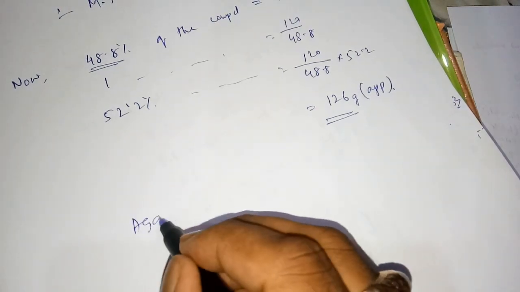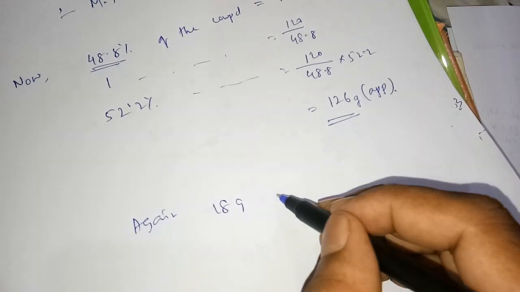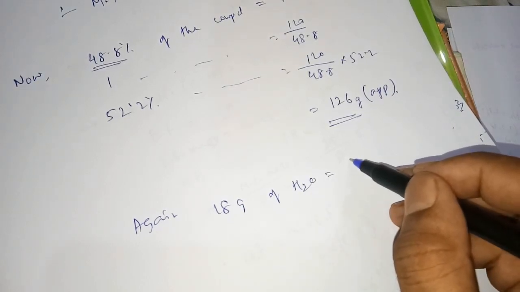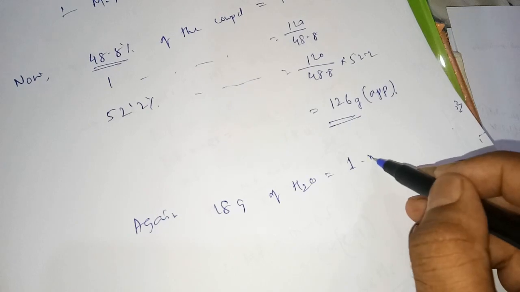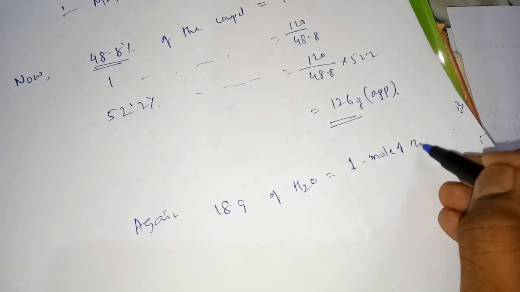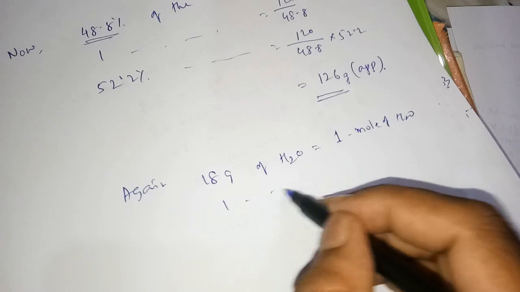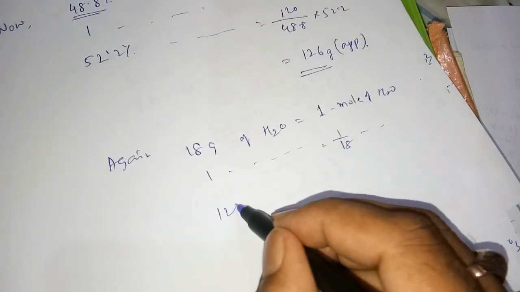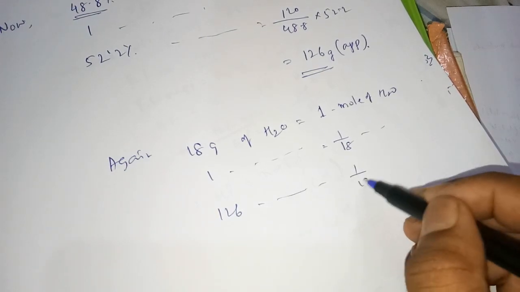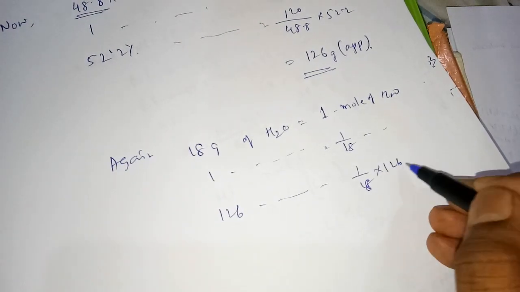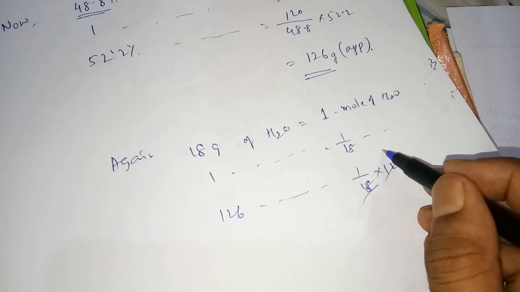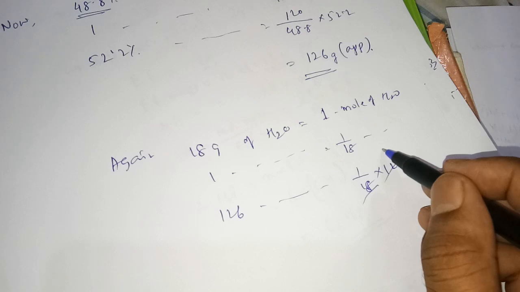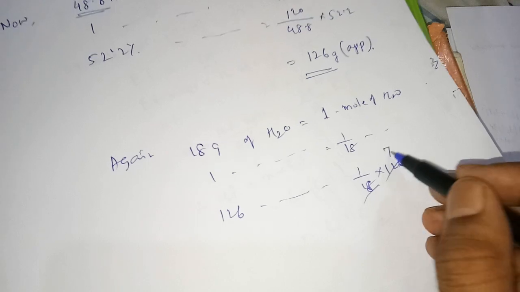So again, 18 gram of H2O is equal to 1 mole of H2O. 1 gram of H2O is equal to 1 by 18. 126 gram of H2O is equal to 1 by 18 into 126. Just calculate, this turns out to be 7.